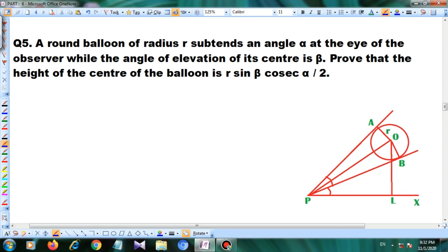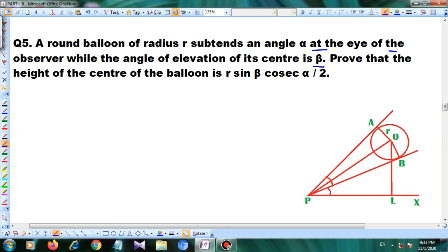a round balloon of radius r subtends an angle of alpha at the eye of the observer while the angle of elevation of its center is beta.